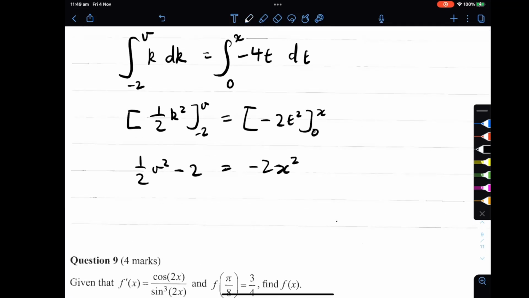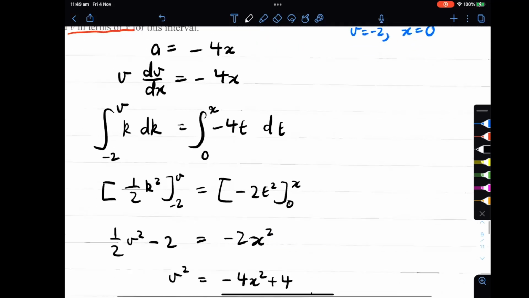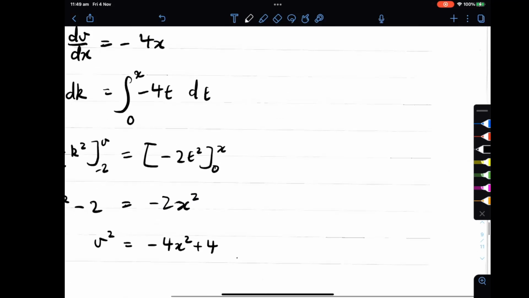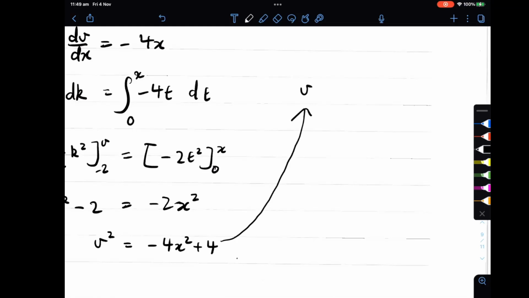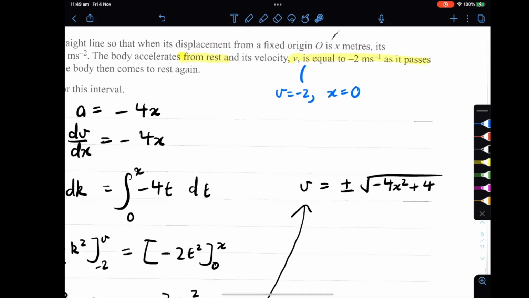Okay, so we want to find v in terms of x, so we have to solve for v. So we get a half v squared is equal to negative 2x squared plus 2. We can multiply the 2 through, and so we get v squared is equal to 4x squared plus 4. Okay, and so if we want to find v, it's plus or minus the square root of this. But what do we know? We know that v is negative.